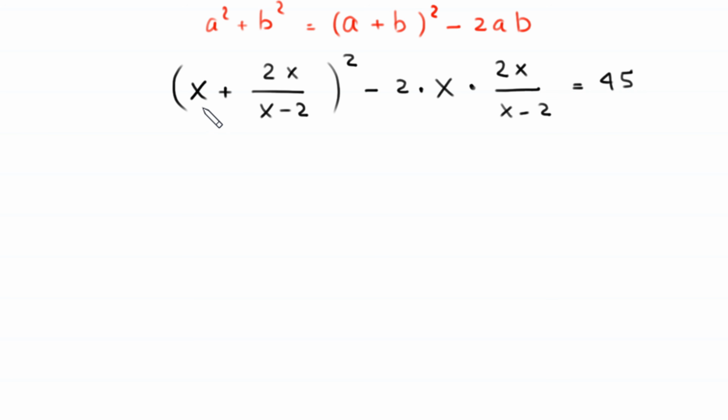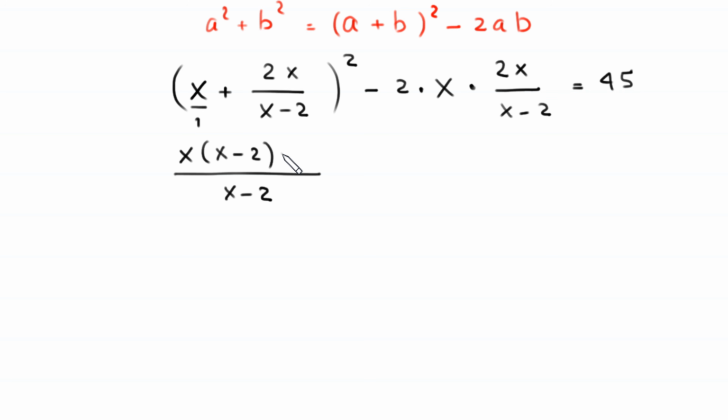Now we can write the denominator of this x as 1, and we take the LCM of this 1 and this x minus 2. LCM is x minus 2. x minus 2 divided by 1 is x minus 2, so we multiply this x by x minus 2.